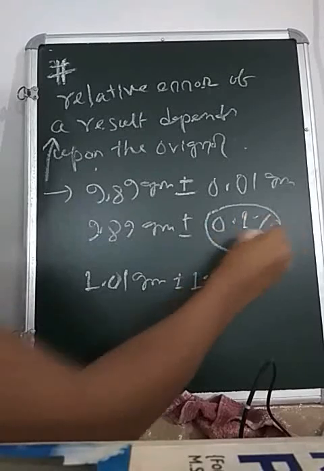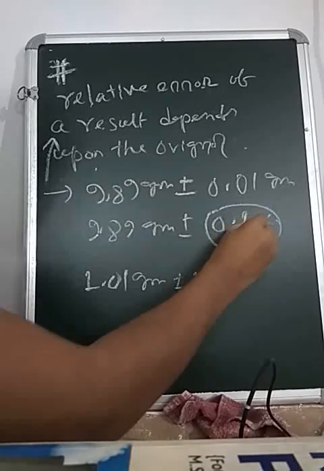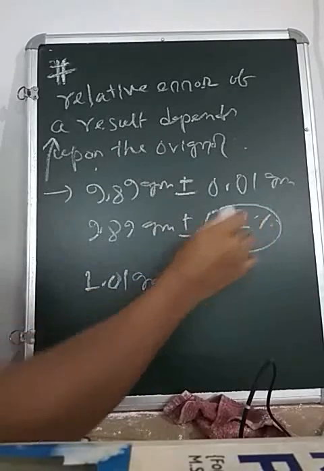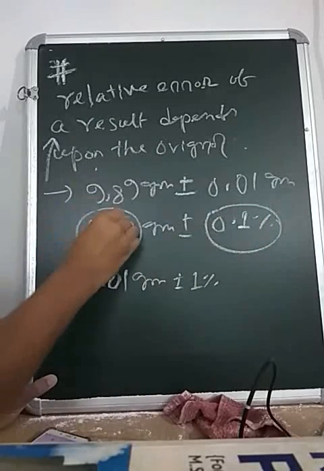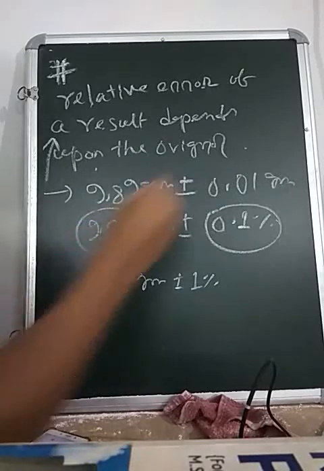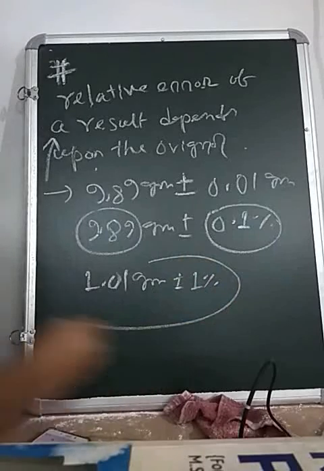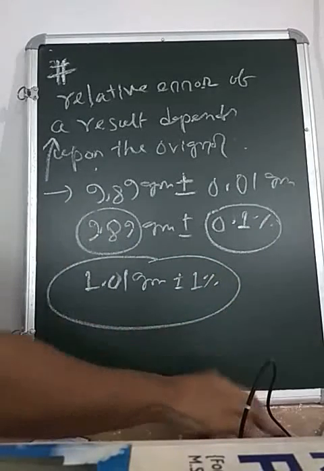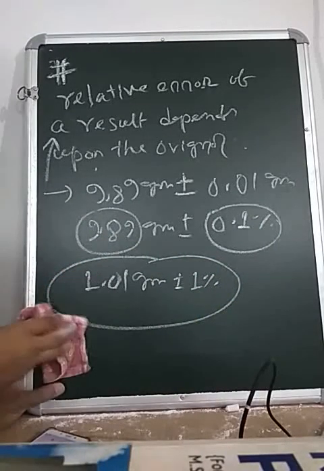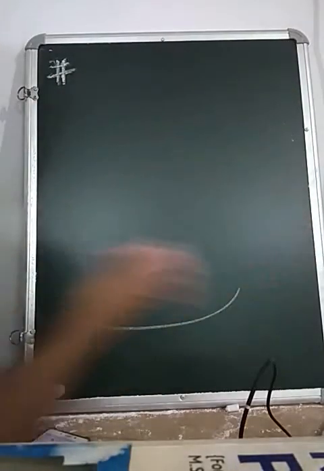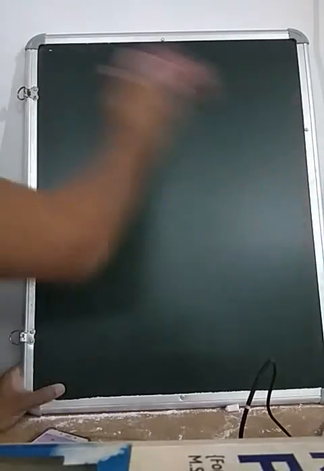So the percentage error depends also upon the original value. These are the things you have to keep in mind for dealing with this type of problem regarding significant figures.